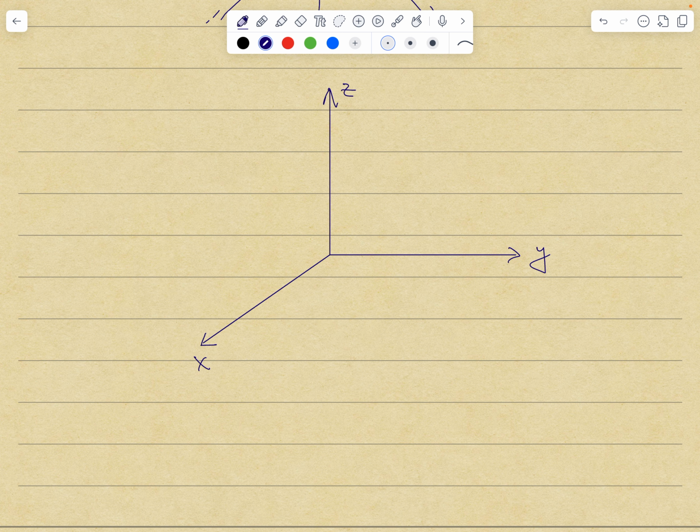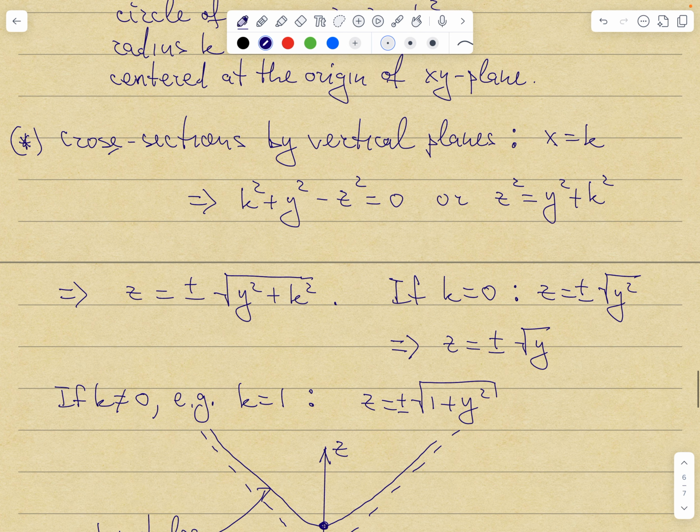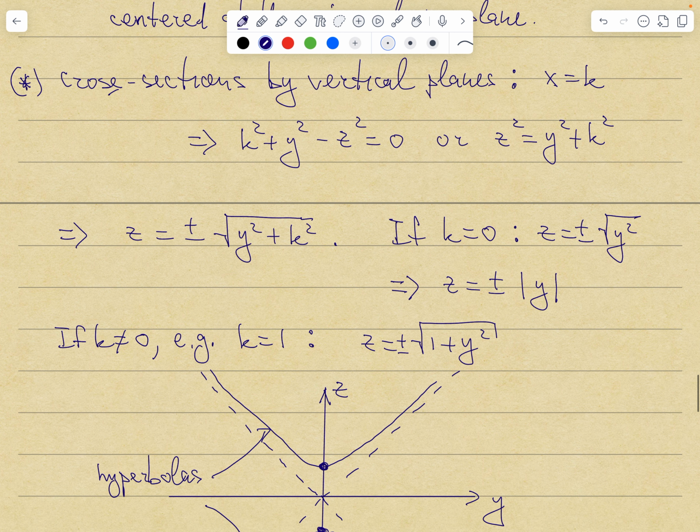So if I take the cross section by the zy plane, we said that we're going to get this graph. z equal to plus or minus absolute value of y.